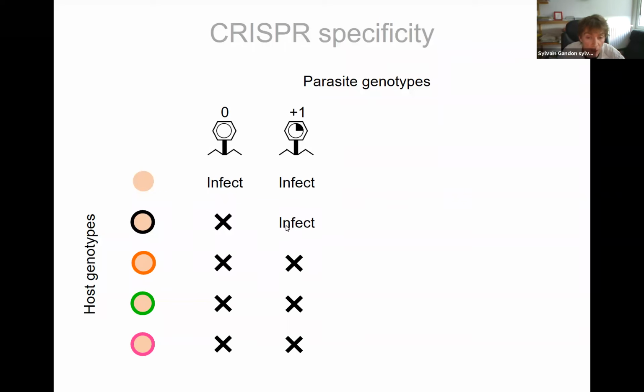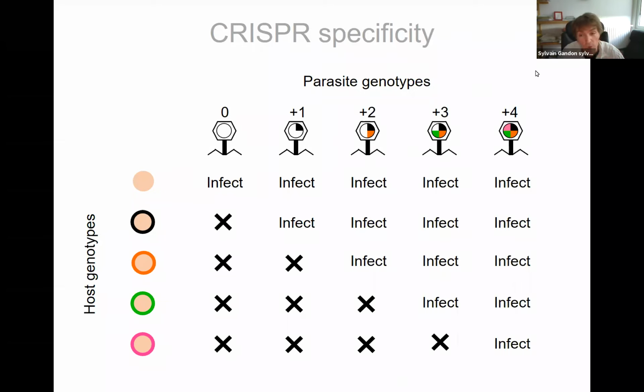So the phage needs to acquire additional mutations to be able to infect the whole bacterial population. So there is an intrinsic asymmetry here between the ability of CRISPR to generate a lot of diversity and the necessity for the phage to accumulate mutations to evade defense.